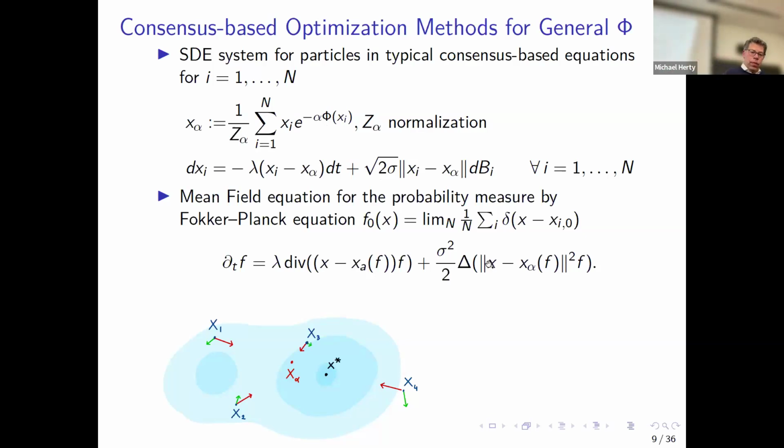Any other questions? Yes. Question about the mean field dynamics. The equilibrium measure is not given by the plot. So does the PDE have a unique equilibrium, and how fast do the dynamics contract to the equilibrium?